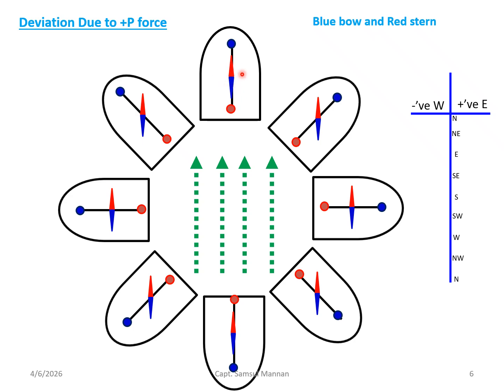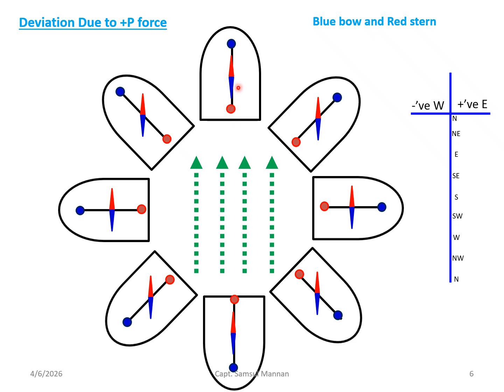So when the vessel is on 0 degree heading, we see that the compass needle is here and we have got a plus P force. So we have got a blue pole at the forward and a red pole at the astern, right?